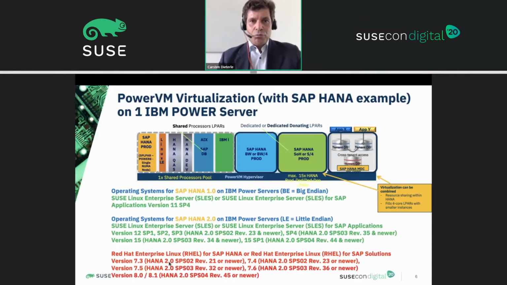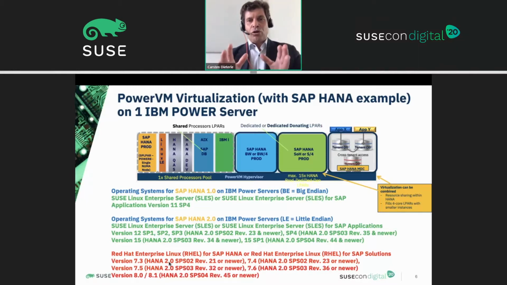We have the possibility to install our workloads in shared processor pools, which is the most common installation in the field. But we also have some dedicated donating LPARs, which at the beginning was mandatory when you had SAP HANA on Power Systems: to set it up as dedicated donating.